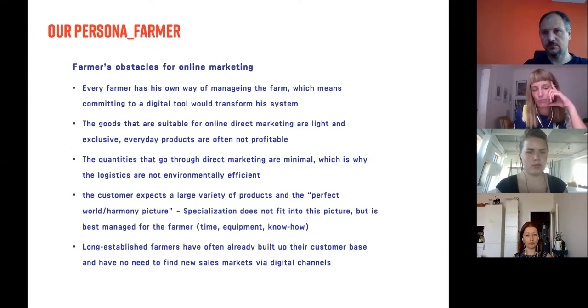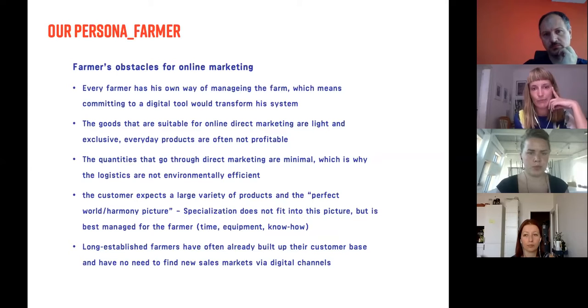So it's pretty hard for them to commit to a digital tool which would interfere with their management and pursue a transformation of the system which they designed. So this is also something in the way of using digital tools.